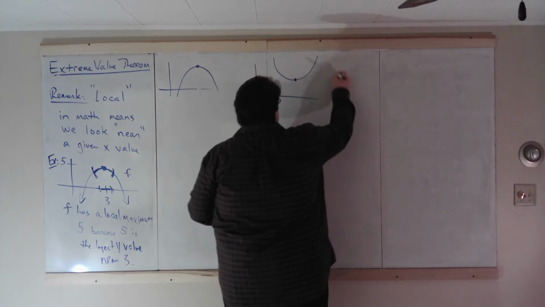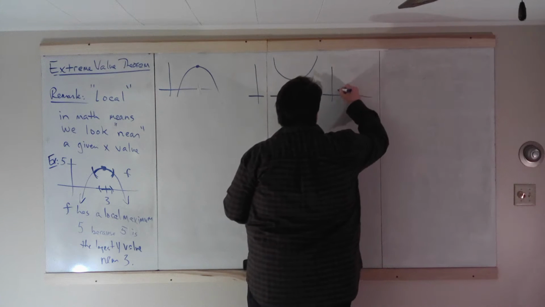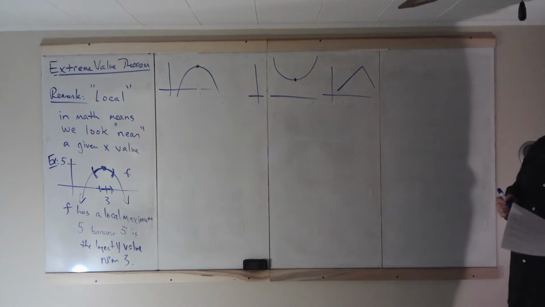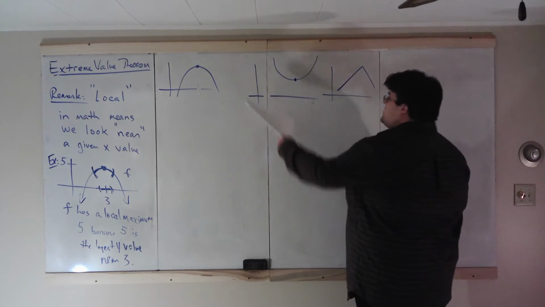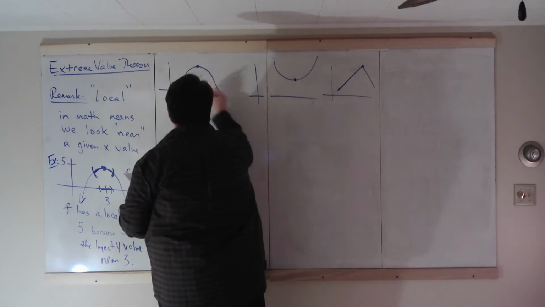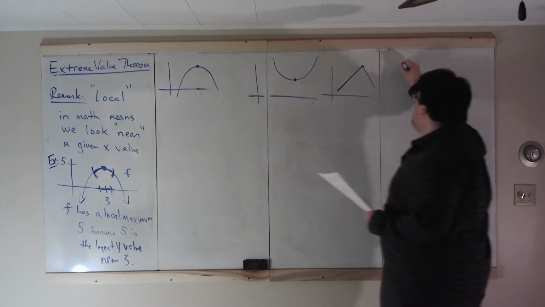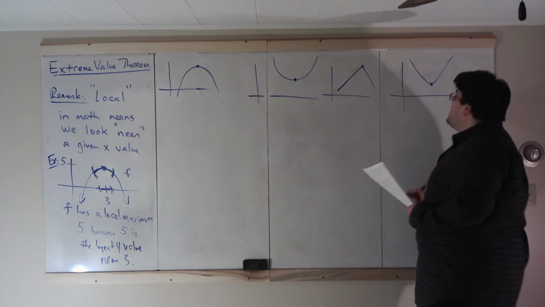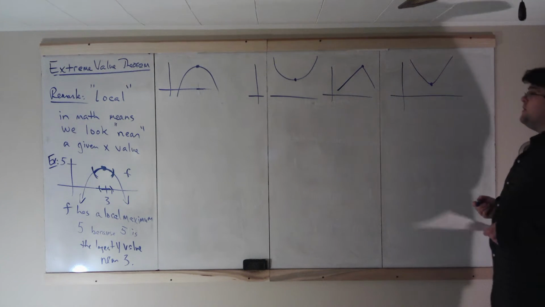This one, we have a local minimum. Here, we also have a local maximum. So in that case, it's rounded off. Here, it reaches a point. And down here, or in this next one, that's a point at the bottom. We could have a local minimum that looks like that.